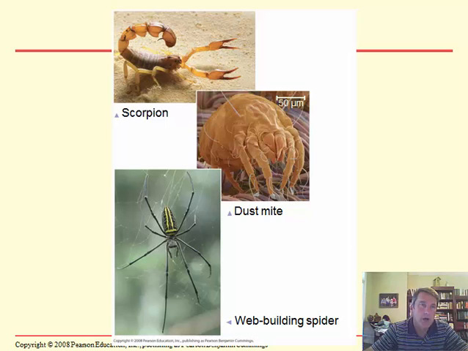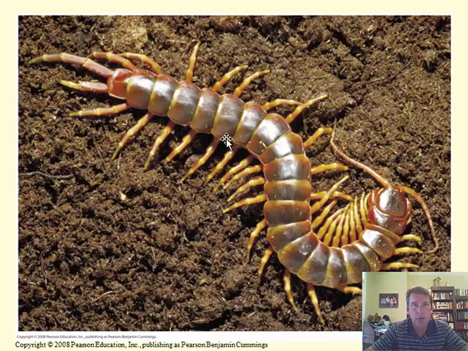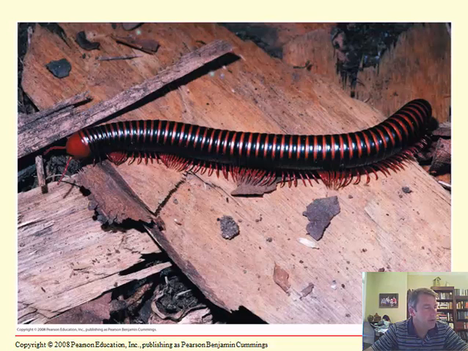The next group of arthropods we have are the millipedes and centipedes. These are Chilopoda, and the centipede here is a Chilopoda. The Diplopoda are the millipedes.